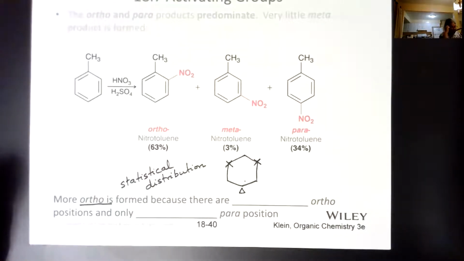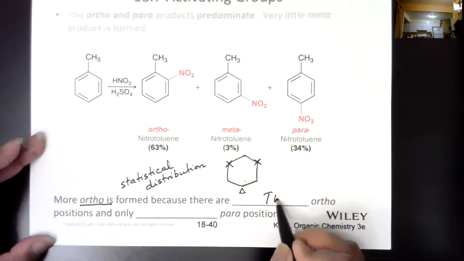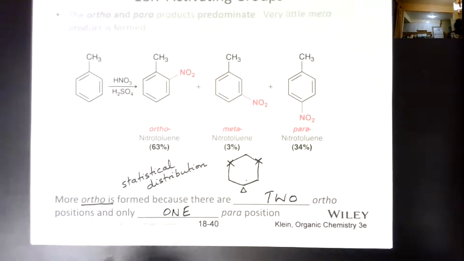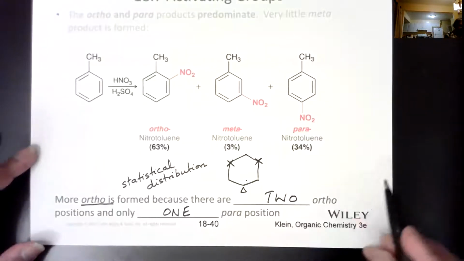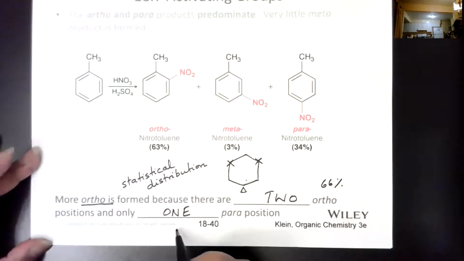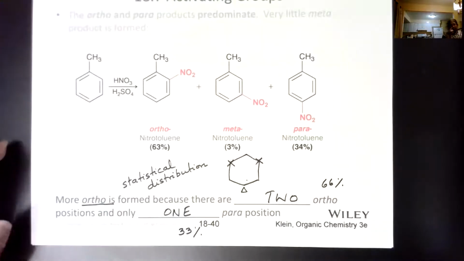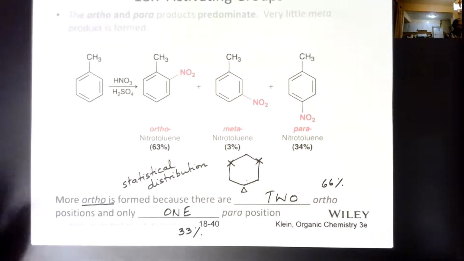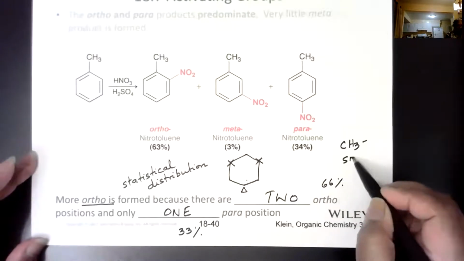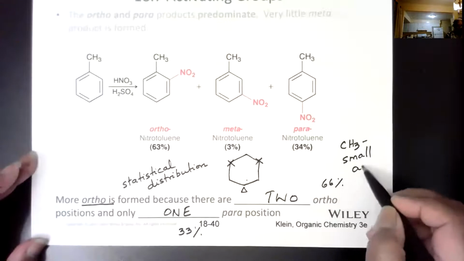See that? So more ortho is formed because there are two ortho positions and only one para position. Okay, so theoretically you should get 66% of the ortho and 33 or 34% of the para. But then also remember, the CH3 group is a small alkyl group.